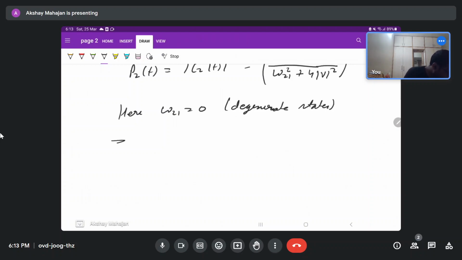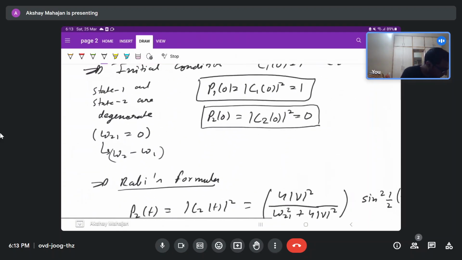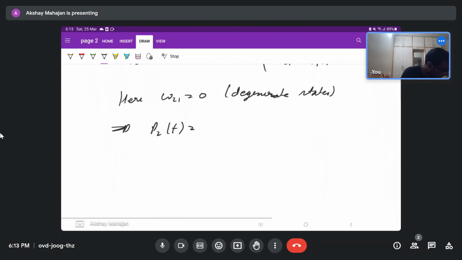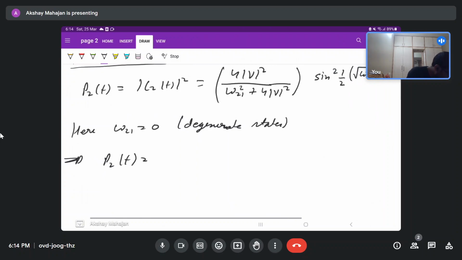Alright, so what we get, our P2(t) will just be given by... and now since we are writing this, the perturbation that I will apply, or let's do this like this. Okay, so that will just come as sine square.